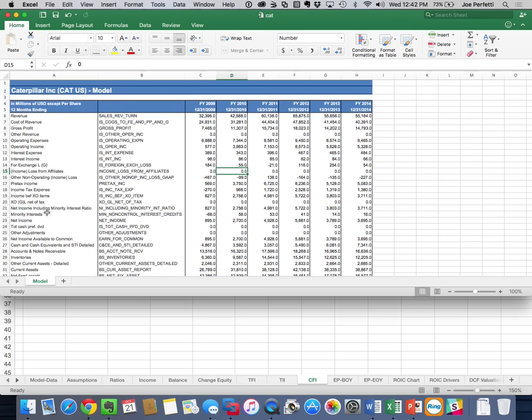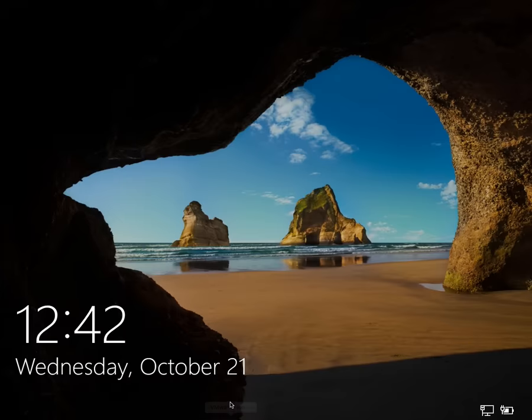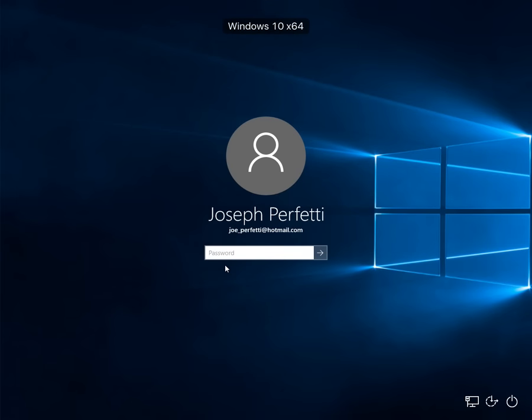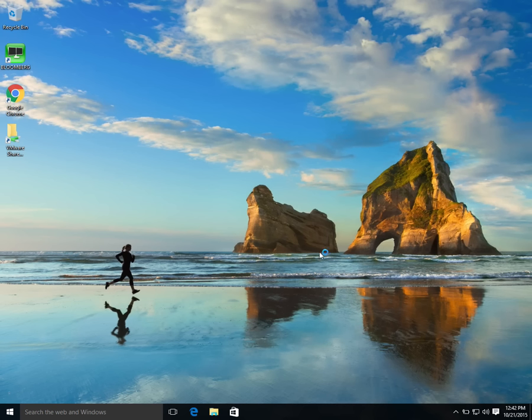Where this comes from, and this is what you're going to have to do, is in Bloomberg. Sorry, I think Microsoft might have kicked me out and went to sleep. But you're going to have to log into Bloomberg, and in the FA section of Bloomberg, you're going to have to create a custom template.